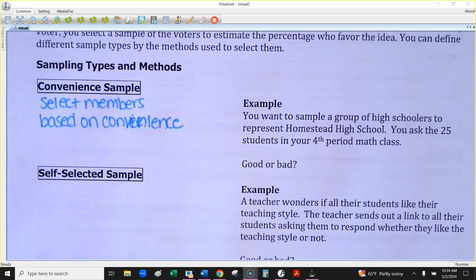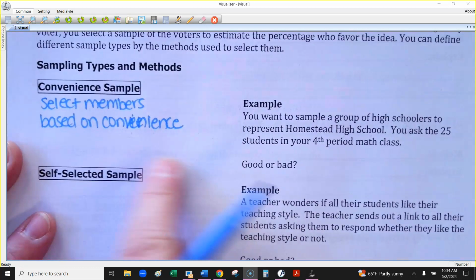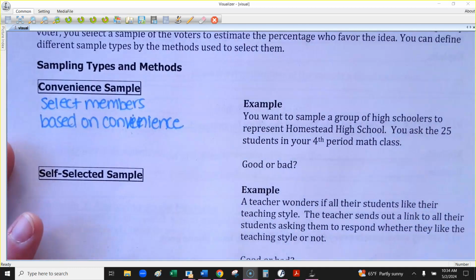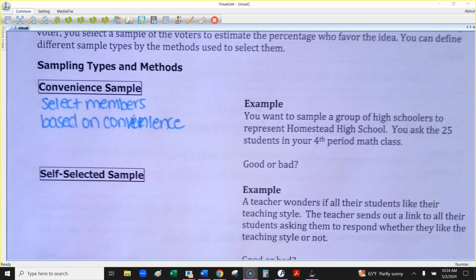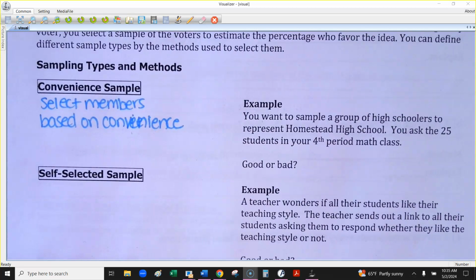This example says you want to sample a group of high schoolers to represent this school, and you just ask 25 people in your fourth period class. That would be a sample. Now let me ask you, is this class a good representation of all of Homestead High School? It depends.